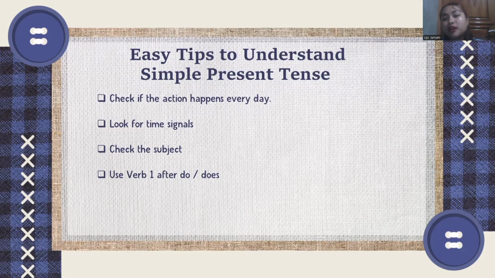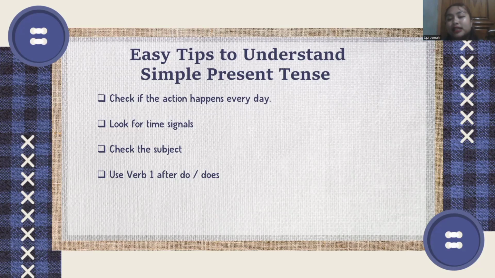Now let's do a short practice to check that students understand. Choose the correct verb, like I said in the easy tips to understand the simple present tense. Maybe you need to read or you can see it in the slide.